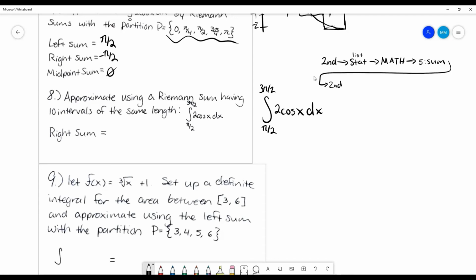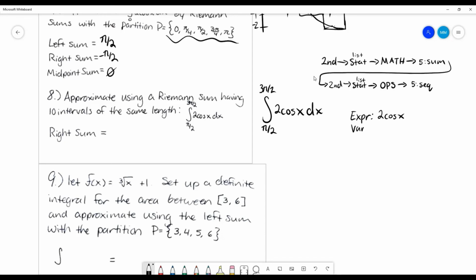So we do second, and then stat, and then ops, and then sequence. And remember, we first put in our function. So for this line, we want to put in 2 cosine of x.